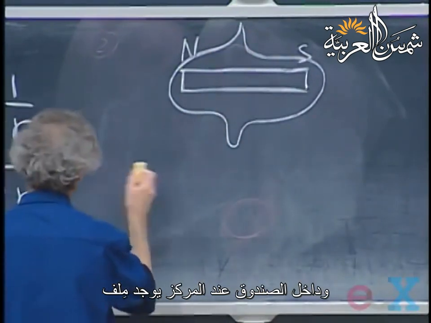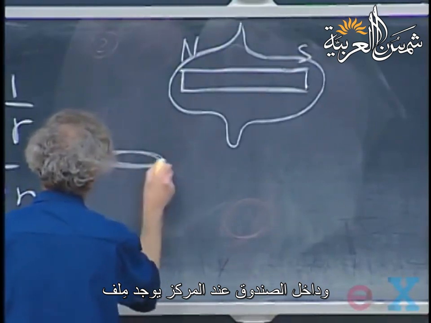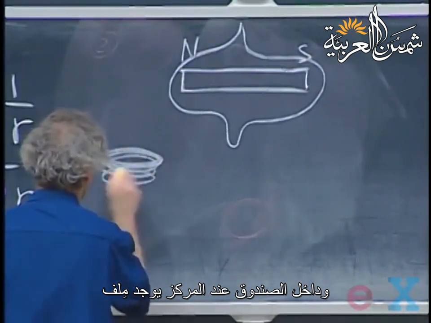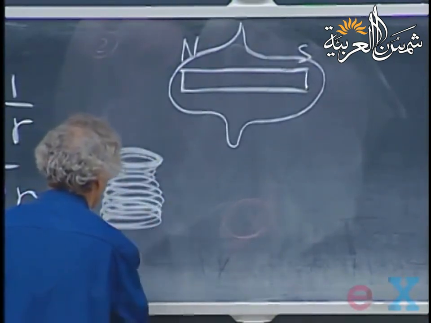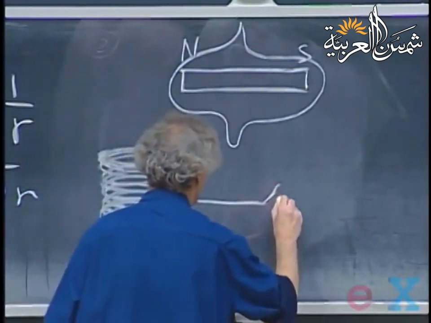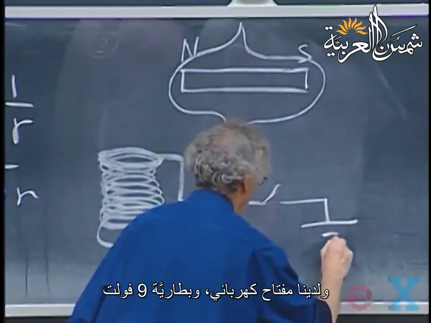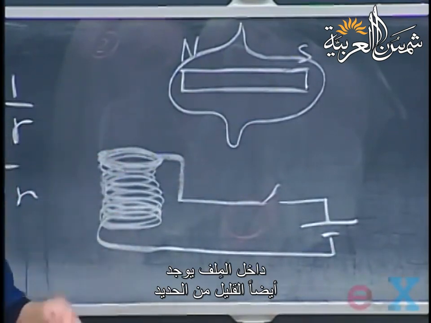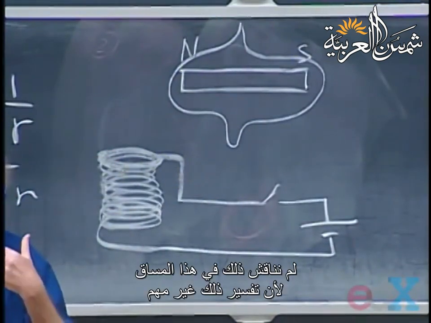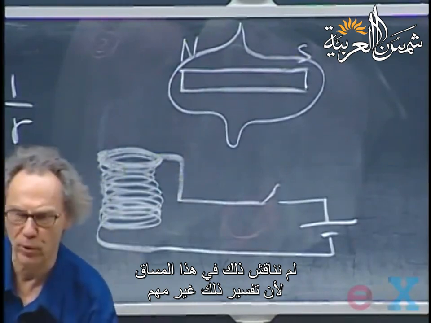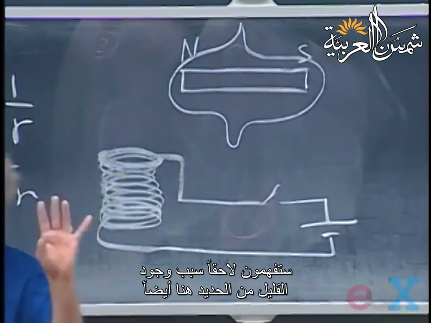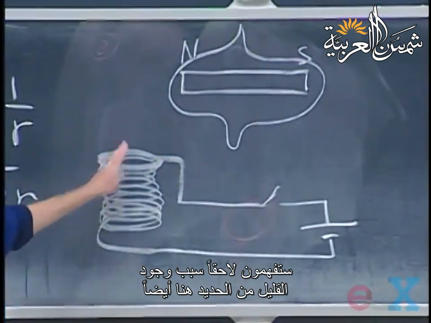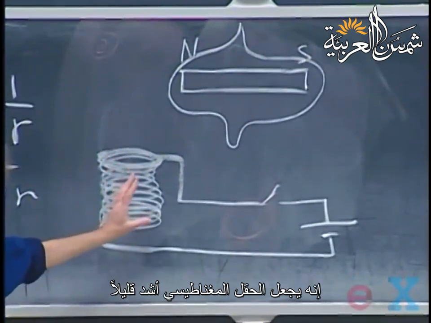Inside the box, right at the center of the box, is a solenoid, a switch and a 9-volt battery. Inside this solenoid is also a little bit of iron. We have not discussed that in our course. It's not important for the explanation. You'll later understand why there is also some iron in here. It makes the magnetic field a little stronger.